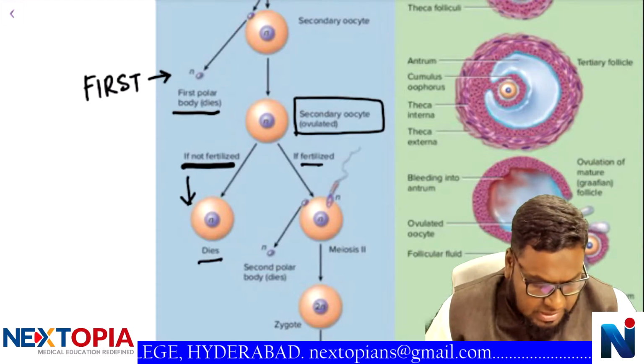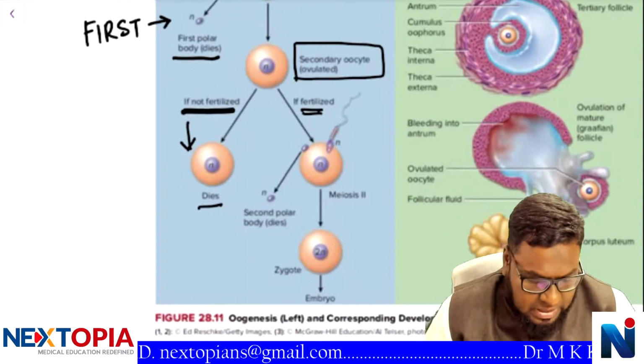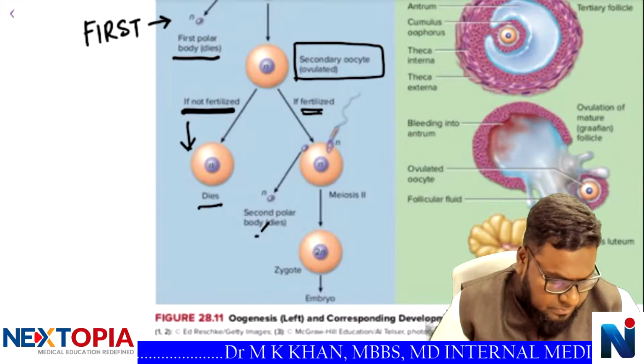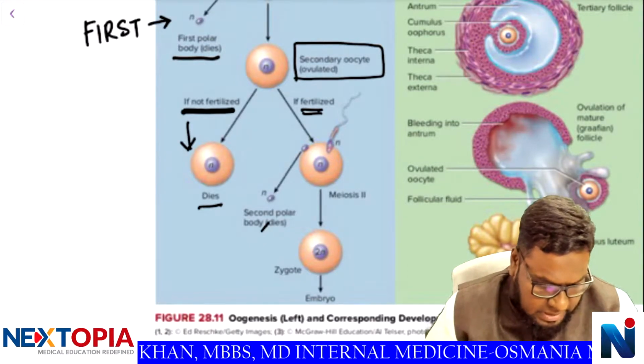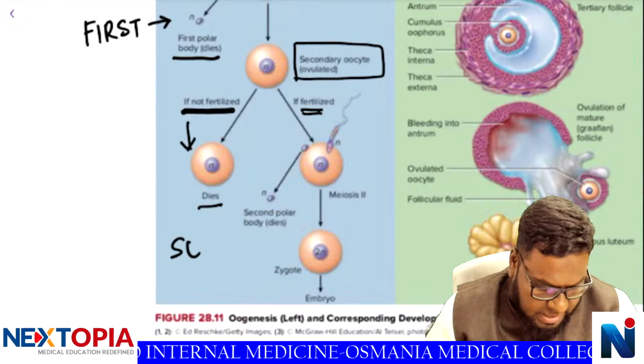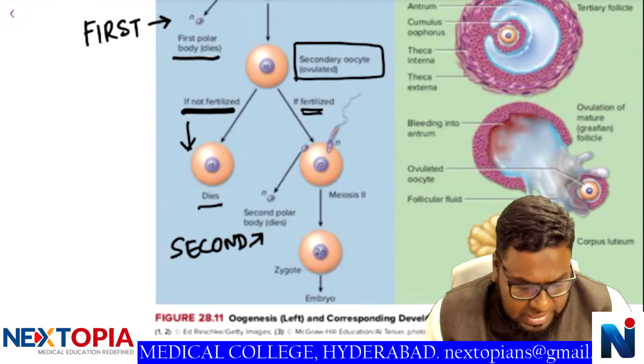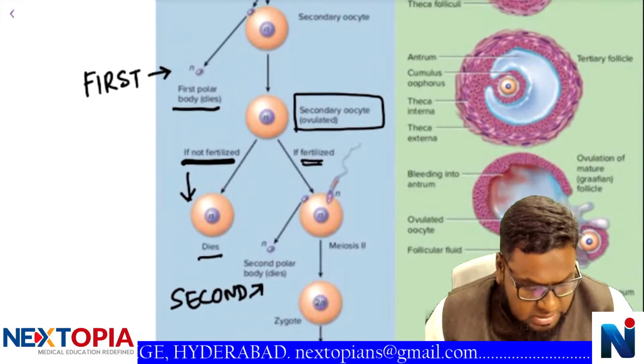Whereas if the egg is fertilized, if the sperm is present, then the second polar body is released. Second polar body is released after fertilization. First polar body is released before ovulation.